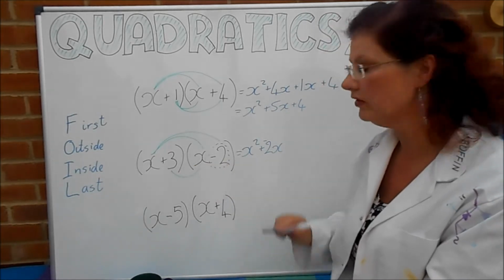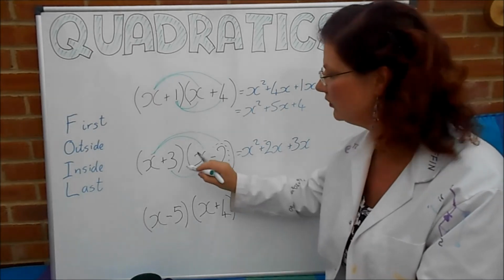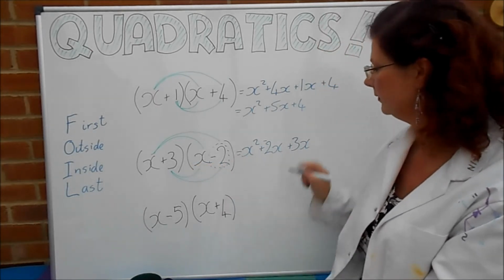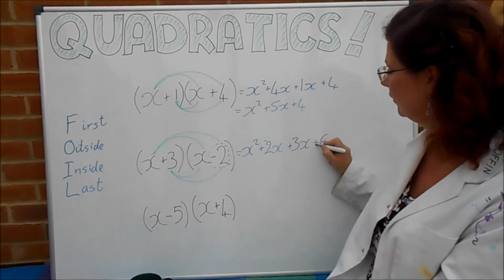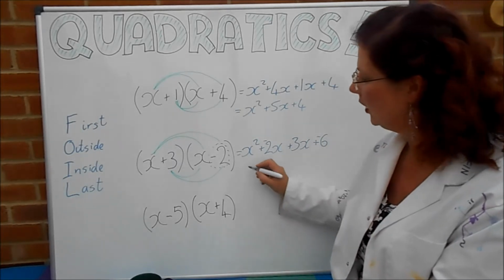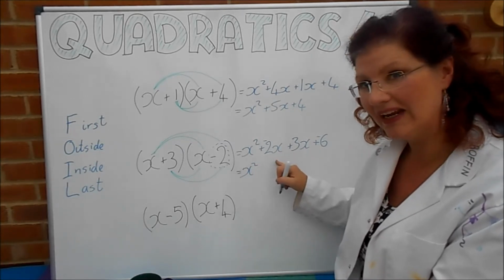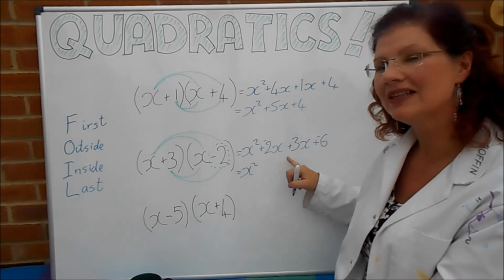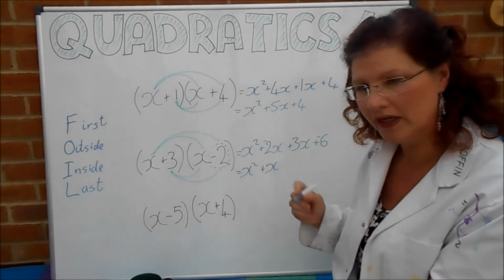The inside ones and the last ones. Again, you can either write take away 6 or add negative 6. When you combine those, it's x squared. Watch the signs on here. We have a negative 2x and a 3x. We end up with just x, 1x.